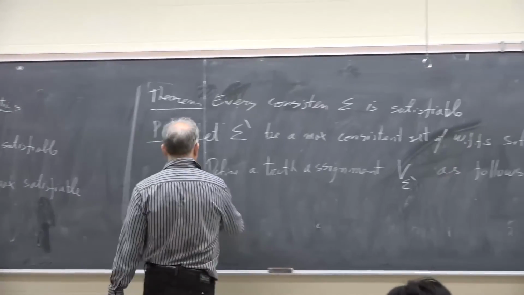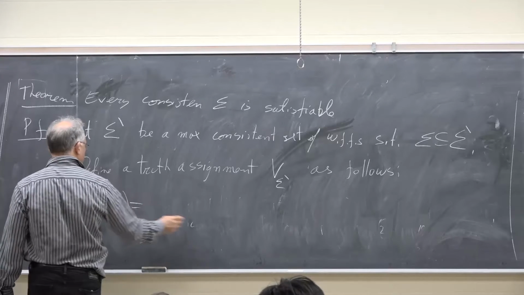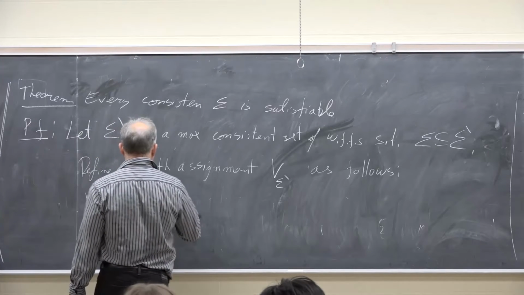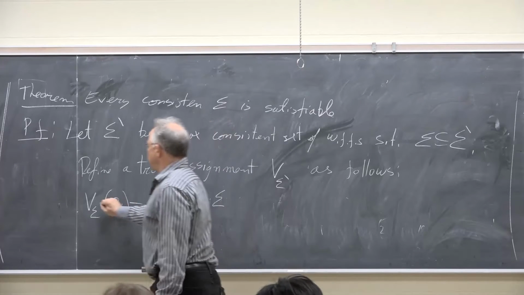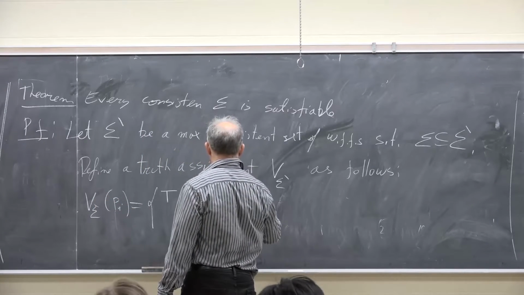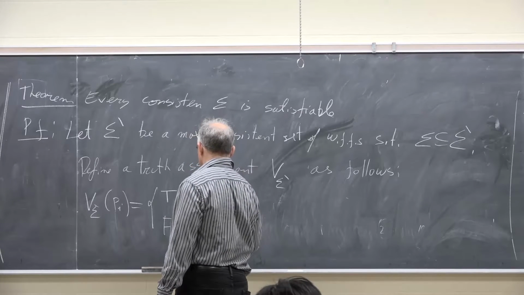So V sigma prime of pi is going to be true if sigma prime proves pi and false otherwise.